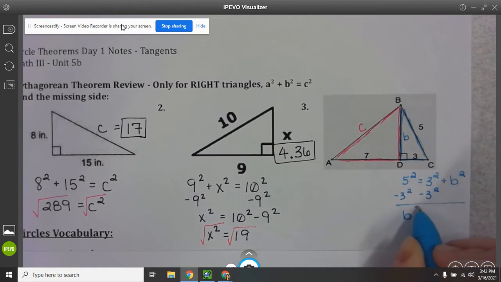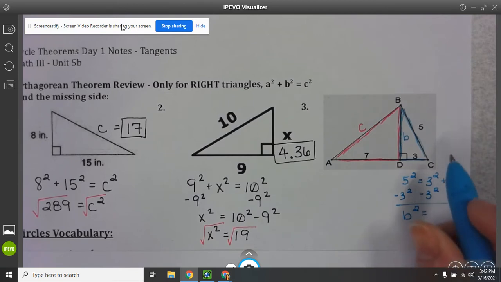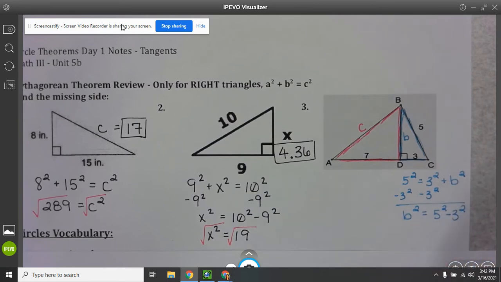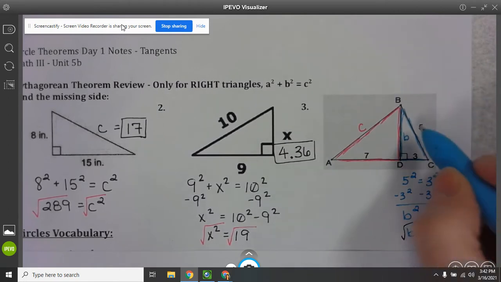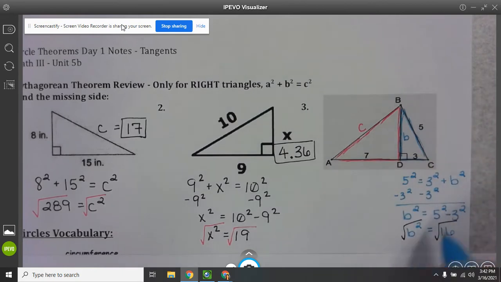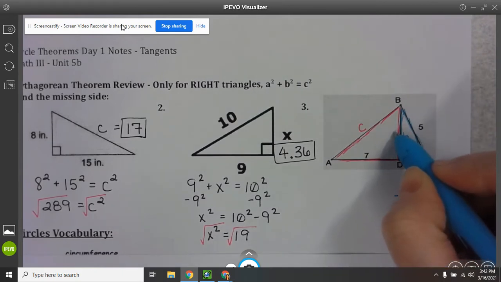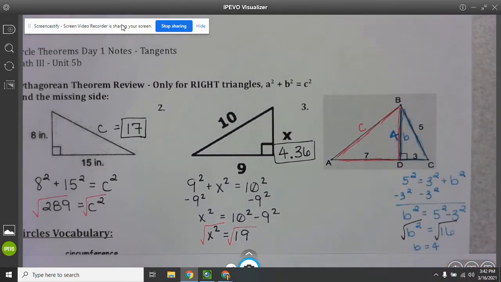So I have b squared being equal to 5 squared minus 3 squared, which gives me b squared being equal to 16. And taking the square root tells me that b is 4.